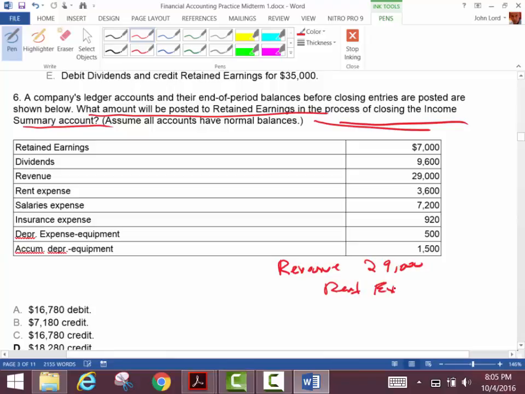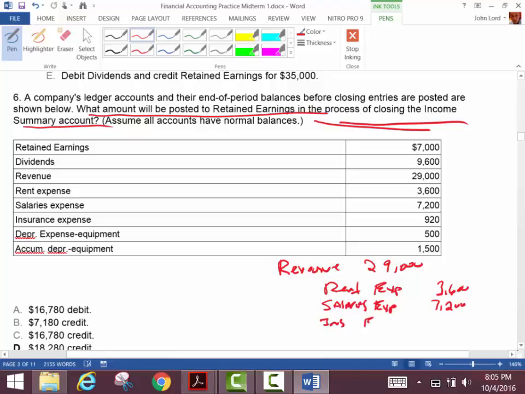You're going to credit your rent expense to close that. That's what? 3,600? Right? Salaries expense is how much? 7,200. Thank you.